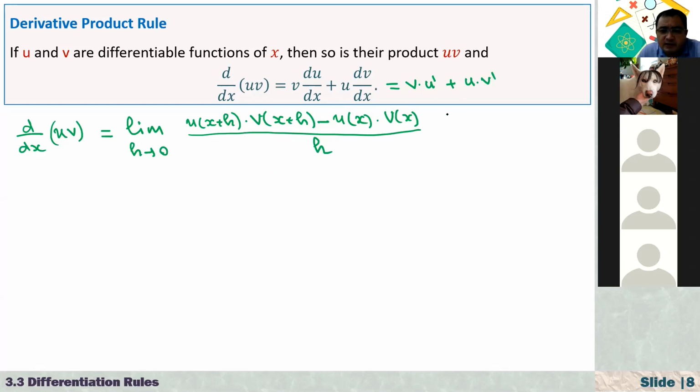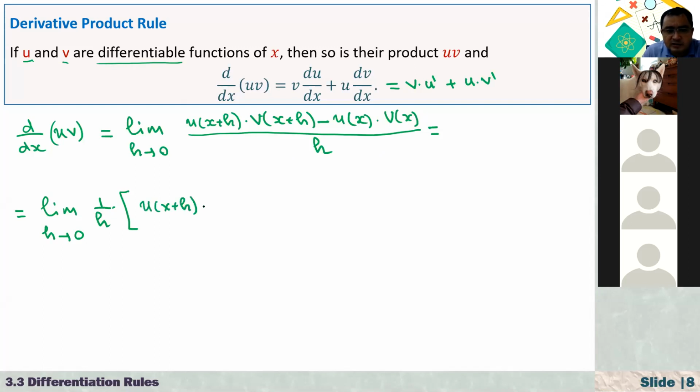Now, how do we evaluate this? It says that u and v are differentiable, which means the limits are given. So I'm going to write this in that form. The limit as h approaches 0, and for now I will keep this h outside: u of x plus h times v of x plus h.